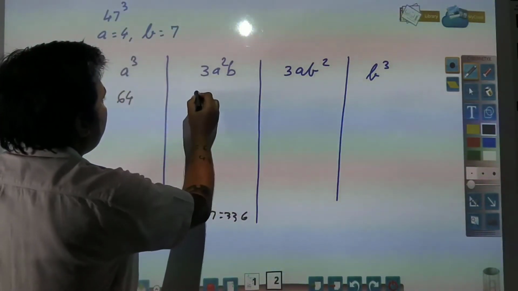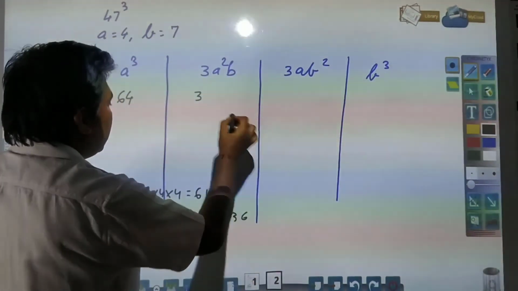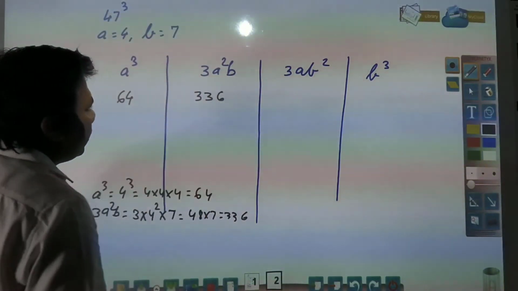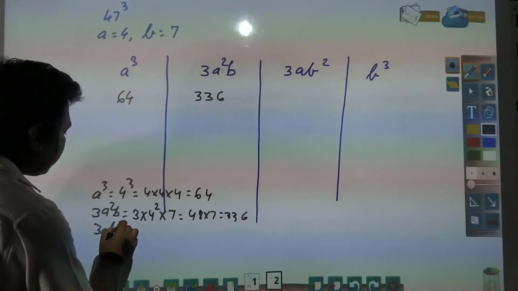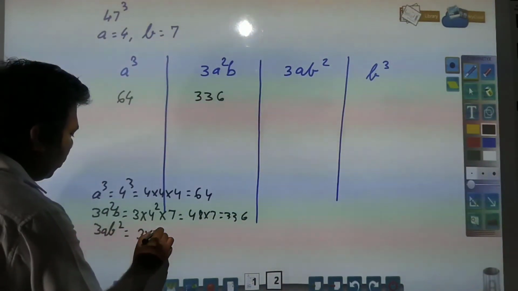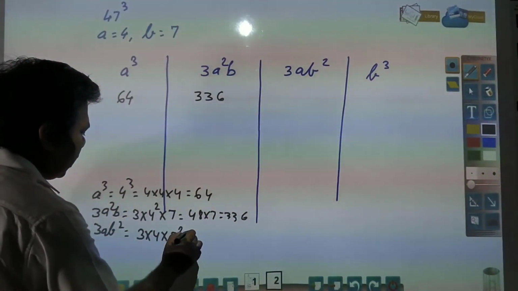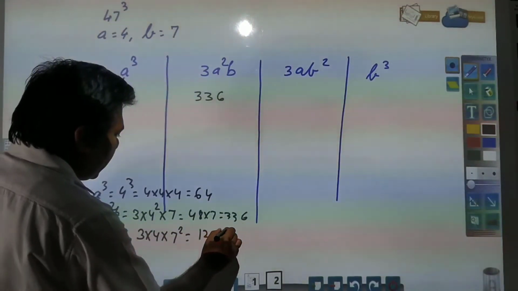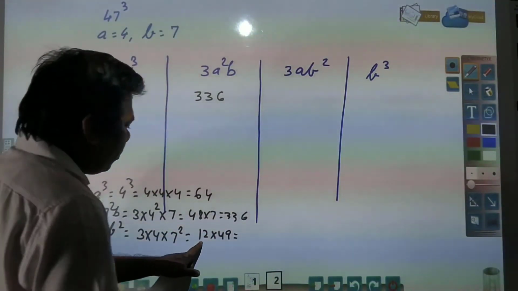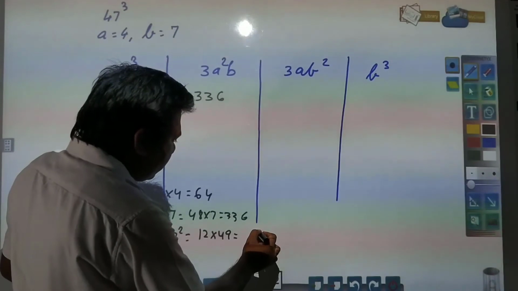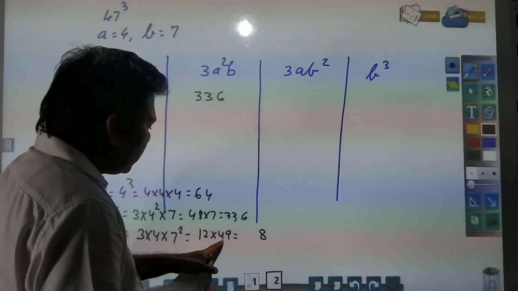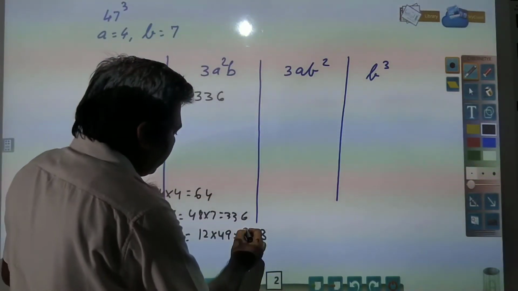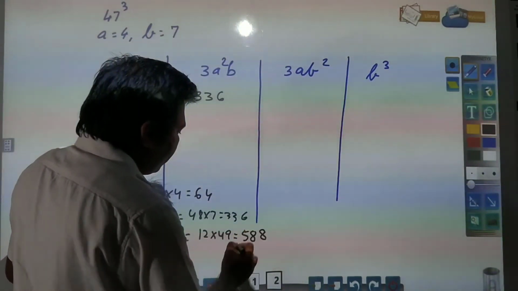So you will get 336. Then next you have 3ab square, it means 3 into 4 into 7 square. It means 12 into 49, and this will be 12 nines are 108. 10 you have, 12 fours are 48, and 10 is 58.